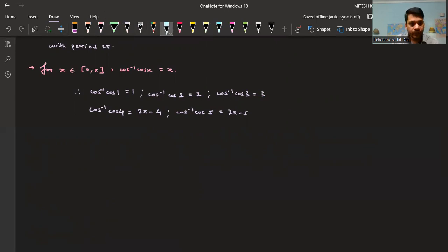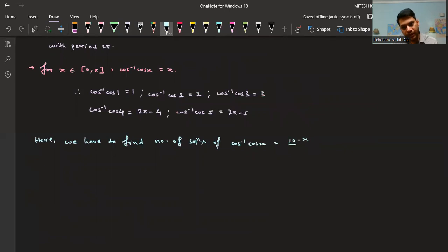I mean to say, we have to find the number of solutions of cos inverse cos x equal to (10 minus x) by 10. We have to find the number of solutions of this equation, in fact.